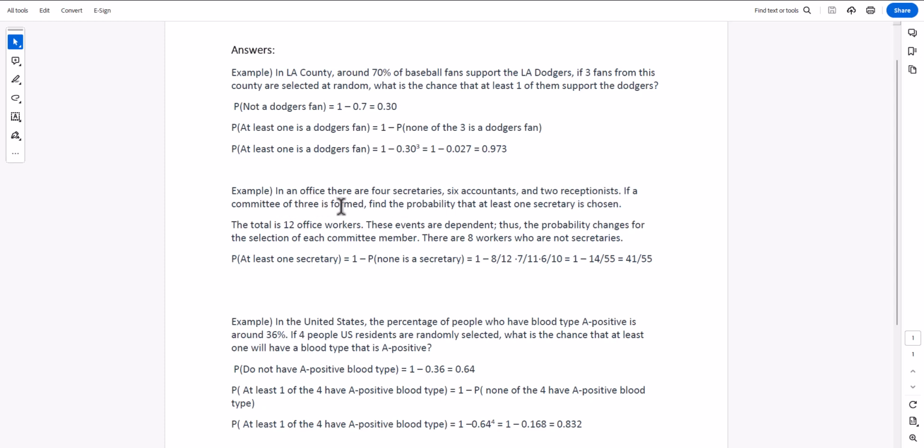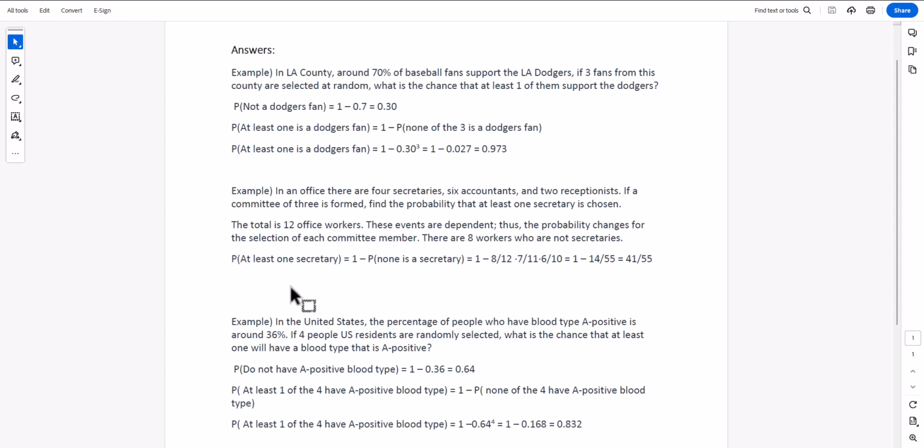If a committee of 3 is formed, find the probability that at least one secretary is chosen. So keep in mind there are 12 workers. These are dependent events because every time we select a person, the probability is modified.